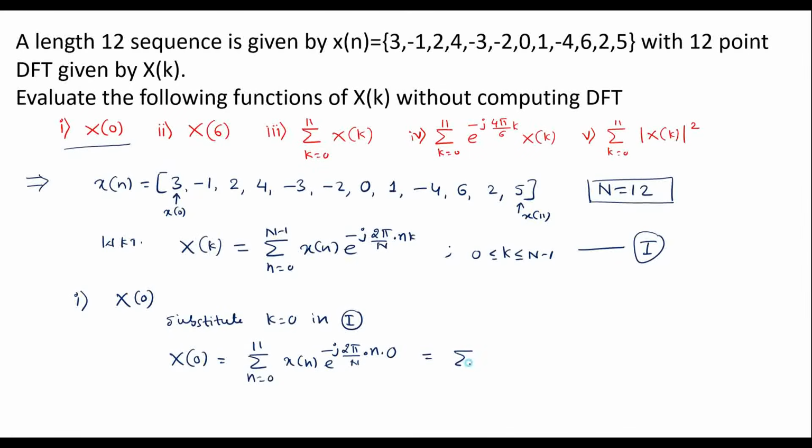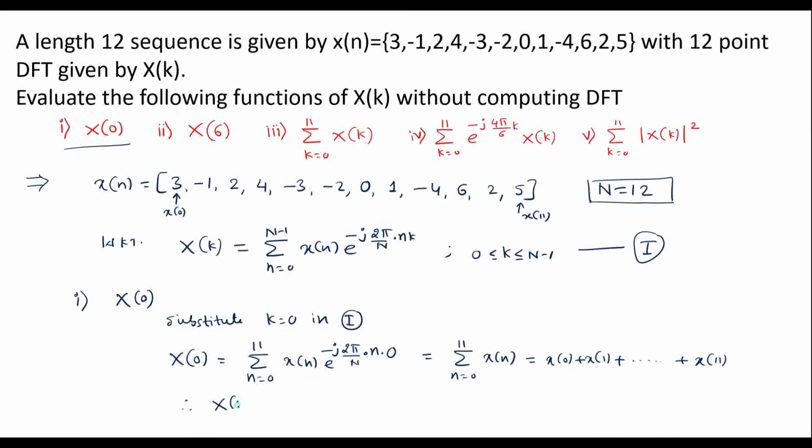Therefore it is summation n equal to 0 to 11 of x of n. Expanding this summation, it is x of 0 plus x of 1 plus, and so on till x of 11. It means that we are supposed to consider all the samples of x of n. Just by adding all the samples of x of n, we will get X of 0.